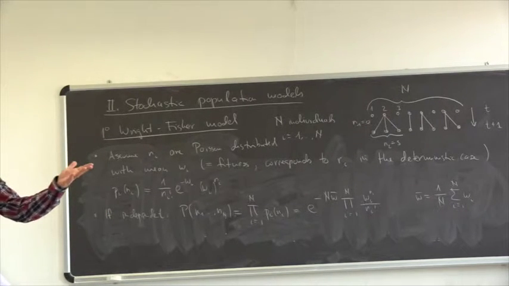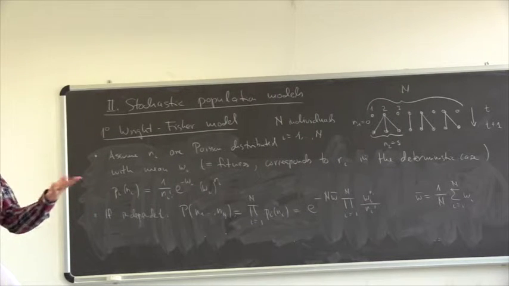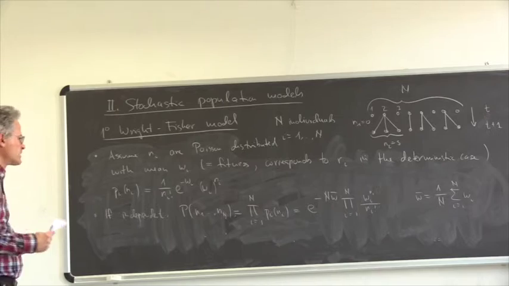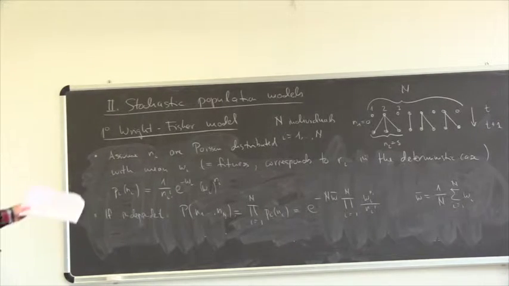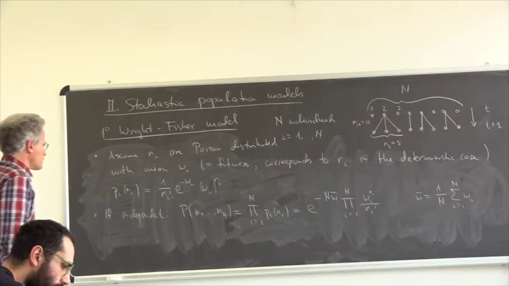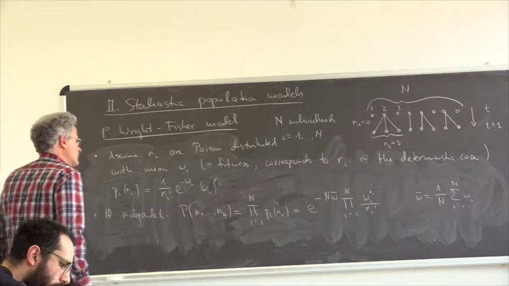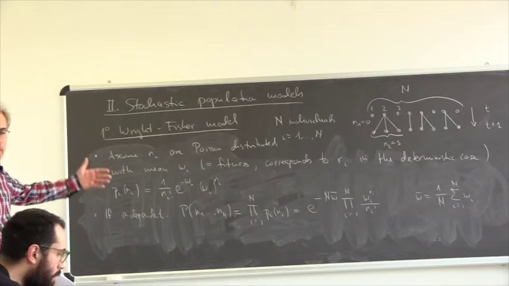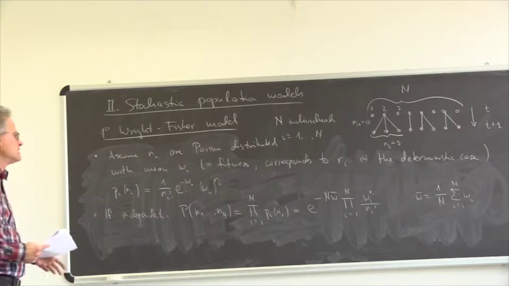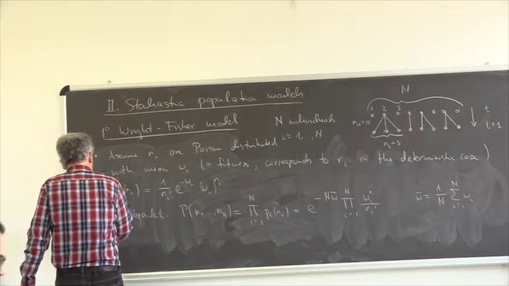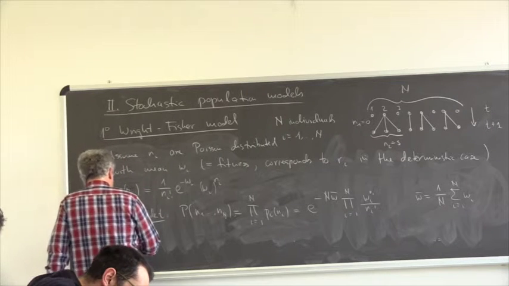Who has heard about branching processes? We'll talk about them a little bit more on Monday. But this would lead to a branching process. If you do this independently, then of course the number of individuals generally will change.